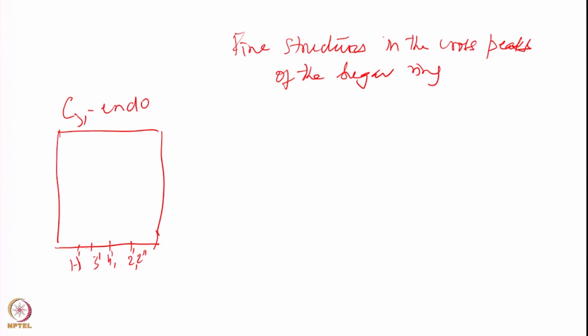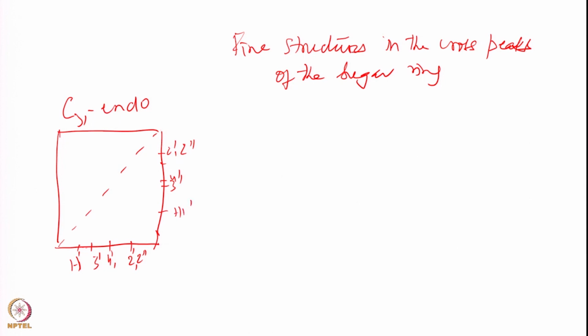From the 1 prime this is the diagonal, okay. So, you will have the 1 prime to 2 prime 2 double prime. Let us say I will draw that here, 2 prime 2 double prime, there are 2 here, then I will have the 3 prime and this is the 4 prime here, and then I have the 1 prime here. So, this is the characteristic.